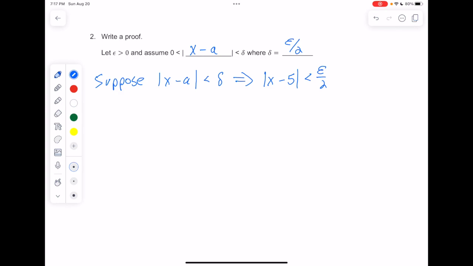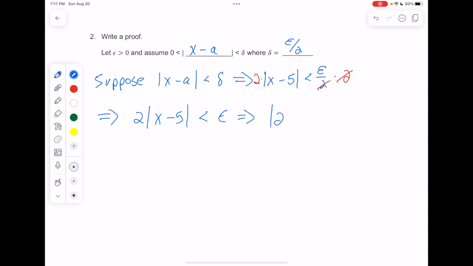So the first step in that would be to multiply both sides by 2 to get the epsilon by itself. So we'll do that on both sides. Get a cancellation here. So now we have 2 times the absolute value of x minus 5 is less than epsilon.